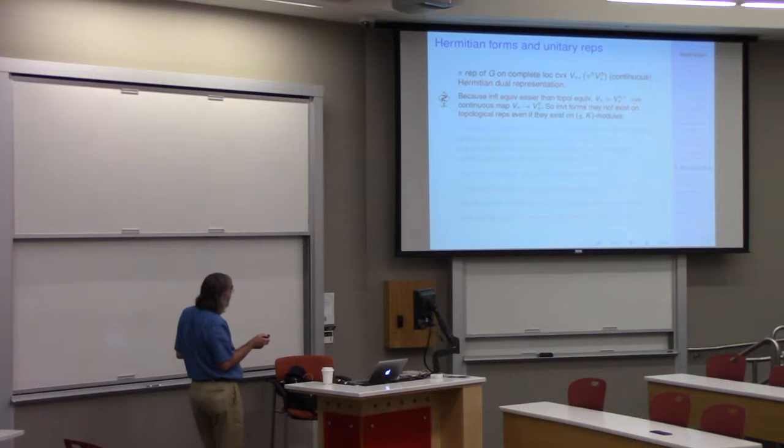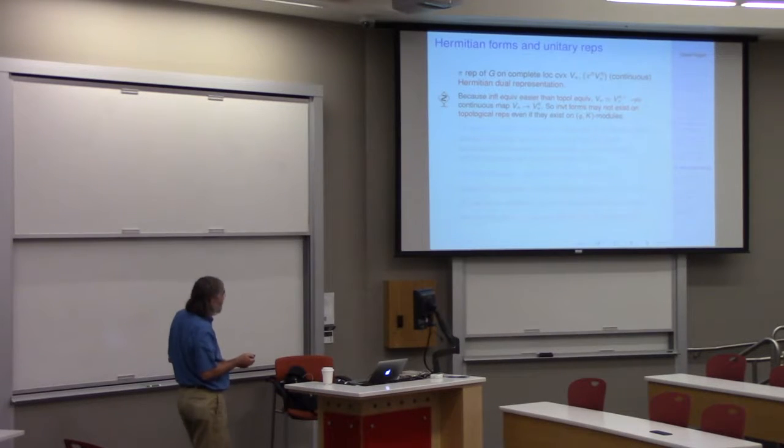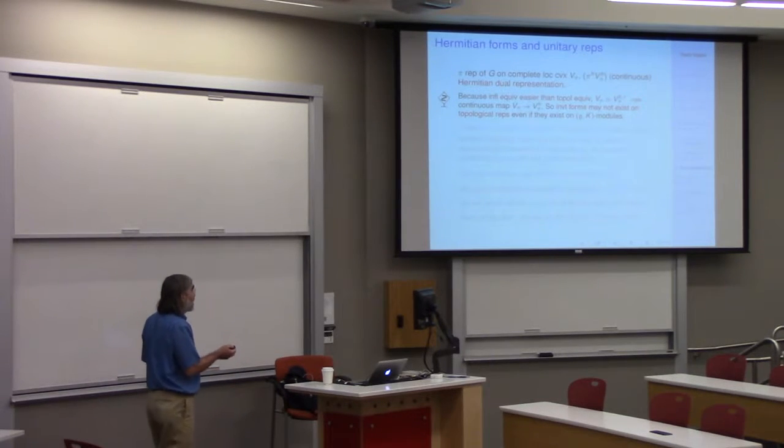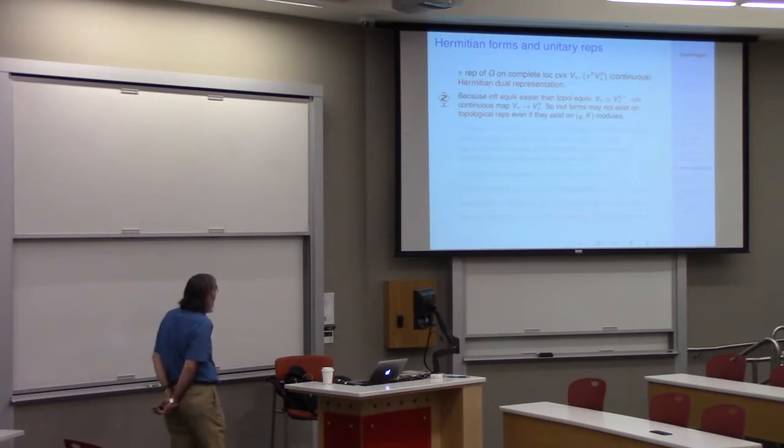So if you have an isomorphism of Harish-Chandra modules between V pi and its Hermitian dual, that may not be implemented by a continuous map from V pi to its Hermitian dual.